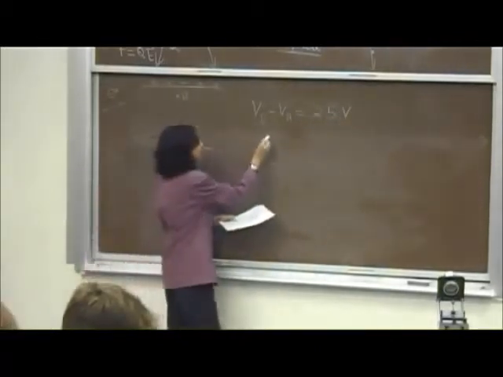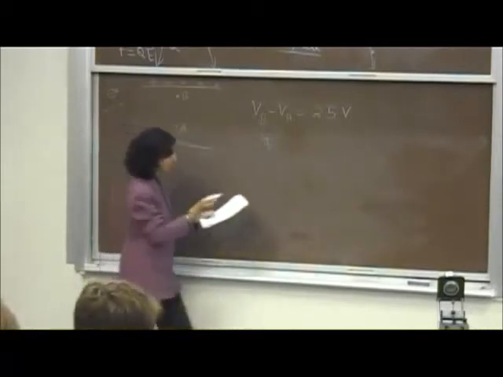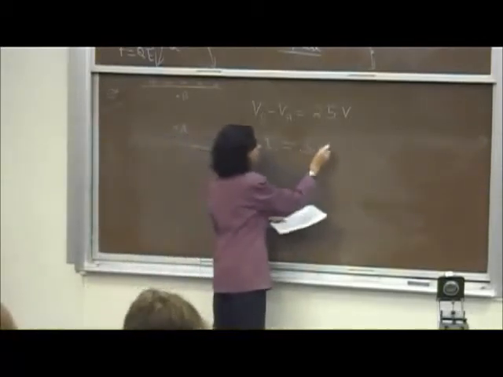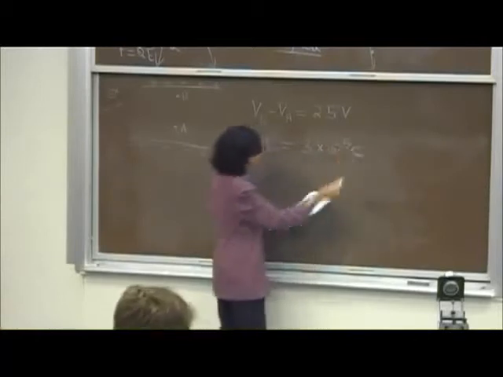You are told that there is some charge Q that is 3 times 10 power minus 5 coulomb.